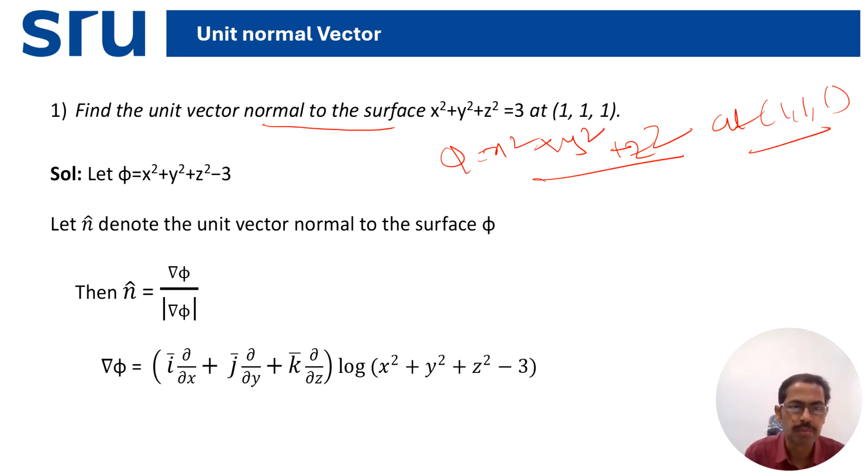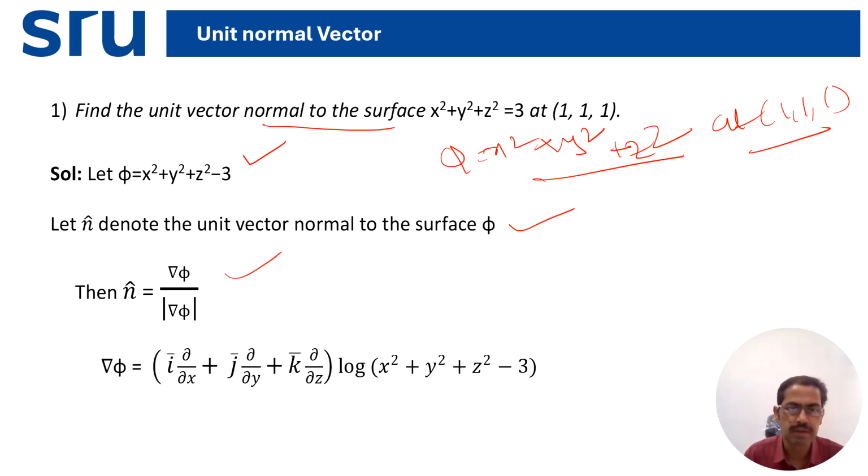Now let phi be equal to x square plus y square plus z square minus 3, which is the surface equation. Now n cap denotes the unit vector normal to the surface phi. So n cap is equal to del phi by modulus of del phi, which is the formula.